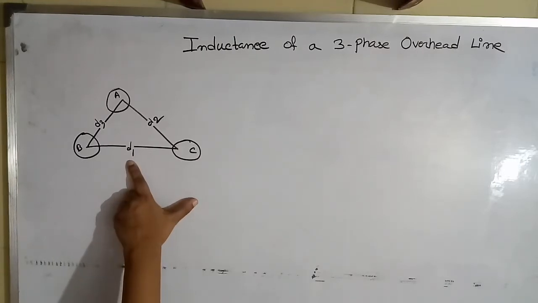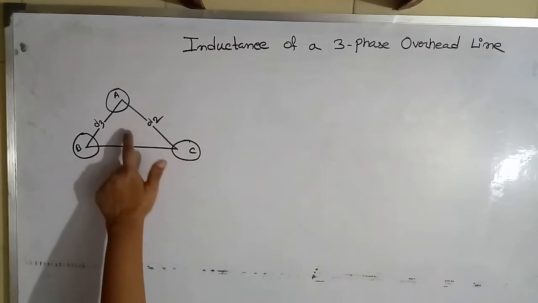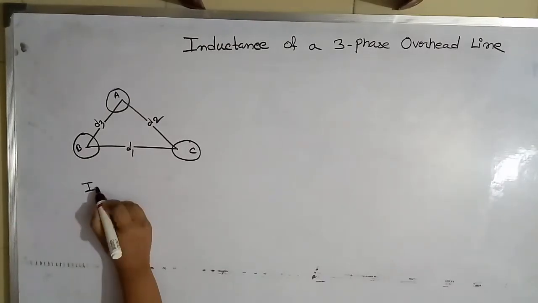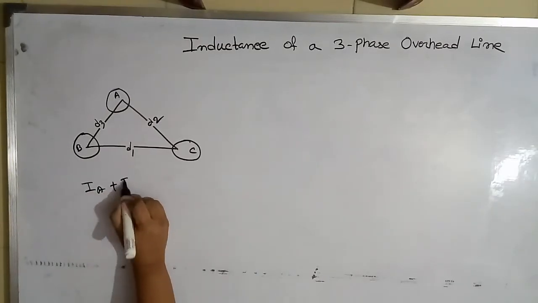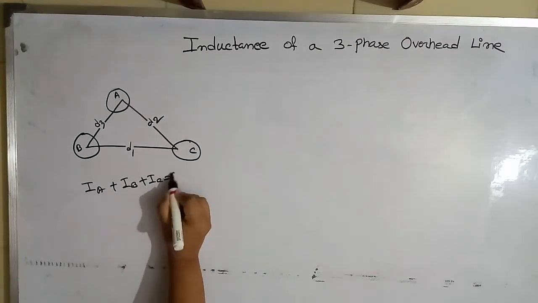D1 is the spacing between B and C, D2 is the spacing between A and C, and D3 is the spacing between A and B. Now assume that the loads are balanced, so IA plus IB plus IC equals 0.